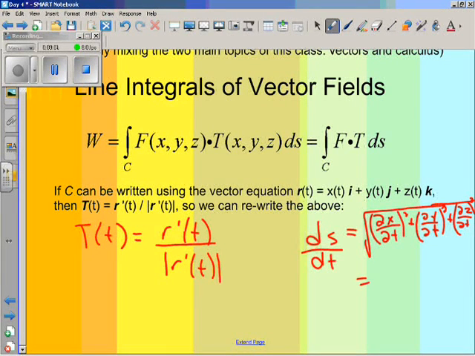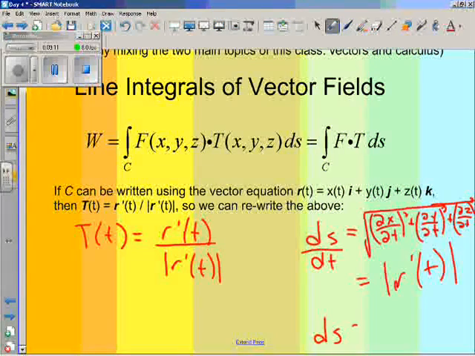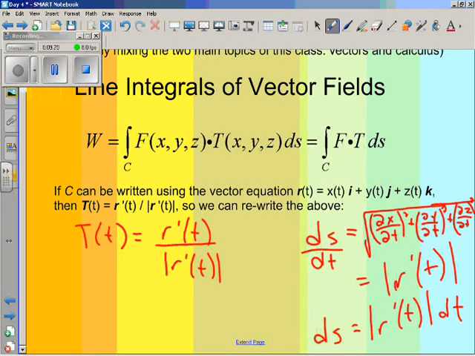But what this really is equal to is just the magnitude of the tangent. And so then ds equals the magnitude of the tangent vector times dt. So that was that change of variable that we use to carry out this integral.